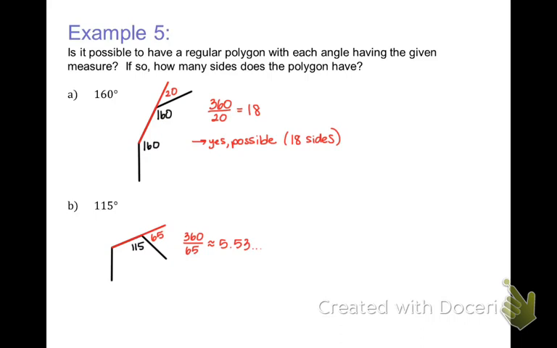So what you guys are going to say, and I am going to be asking you to explain why it's not possible, is no, not possible, because, exactly what you guys have been telling me, we can't have a decimal number of sides. And specifically here, we would say we can't have 0.53 blah, blah, blah of a side.